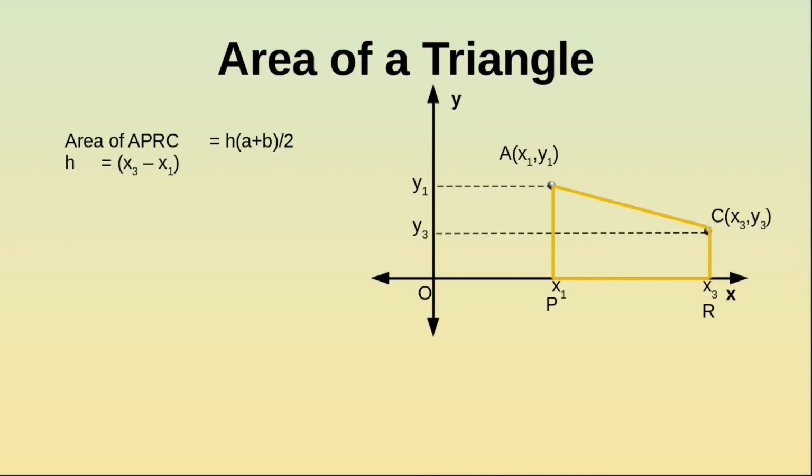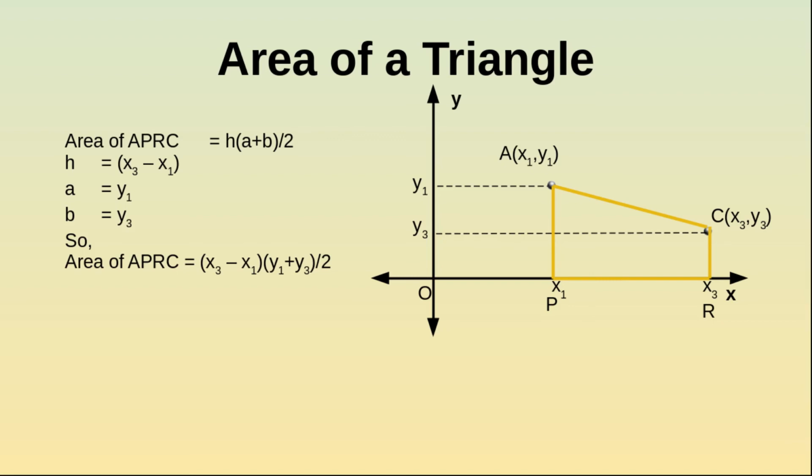Here H is equal to x3 minus x1, which is basically the length of PR, and our A is equal to y1, our B is equal to y3. So the area of this trapezoid APRC is equal to x3 minus x1 whole into y1 plus y3 whole divided by 2. So if you remember, we have actually found out the area of the 3 trapezoids.